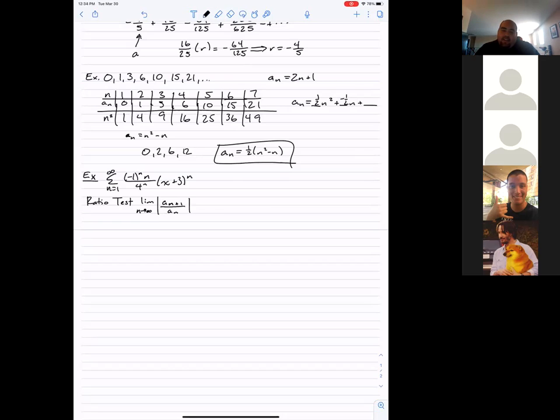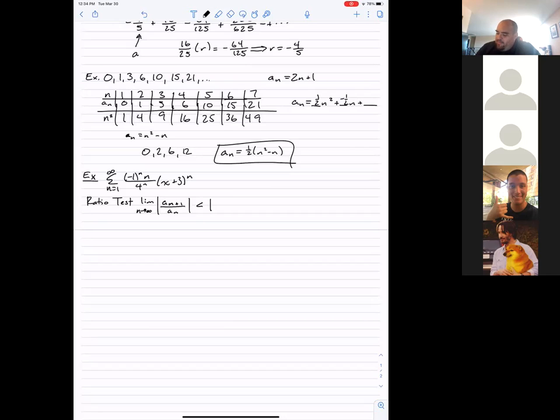And if I can make this look like a geometric series, then I can have a better idea of when it's going to converge. So since I'm trying to treat this like a geometric series, what does it make sense for its limit to be less than? 1. So a geometric series converges if that ratio is less than 1.